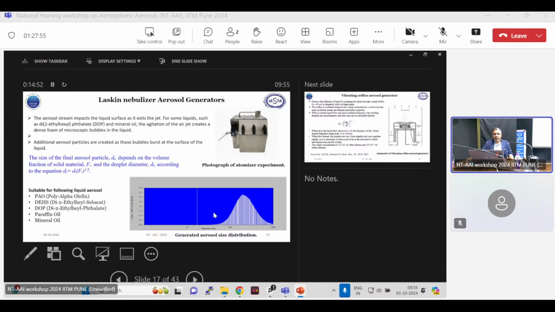Like if the emitted droplet diameter is d, then the aerosol generated, dp, is d multiplied by the material ratio available in the solution. Like NaCl, if it is 5% and 95% is water, then this ratio will be 0.05. So in this way we can create the generated aerosol with the size.